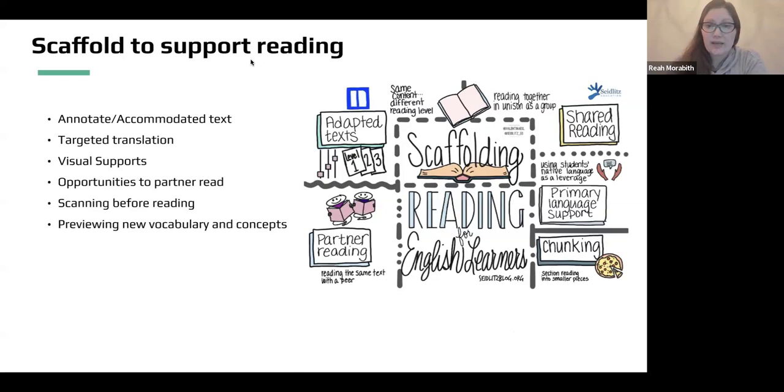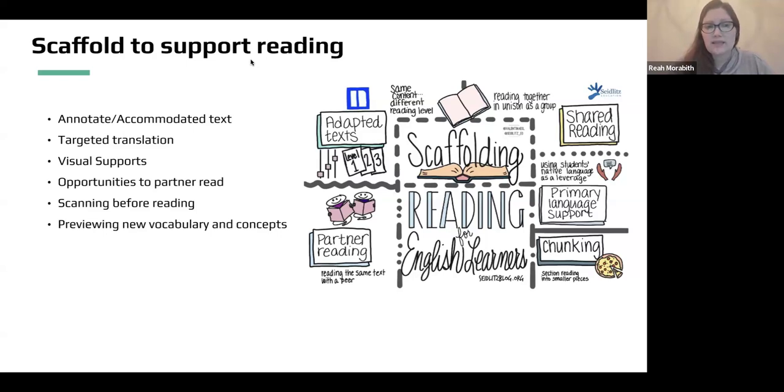They're still gaining language. They're still hearing and interacting with the higher academic language that you are using in your classroom, but we still want to make the content accessible to them.